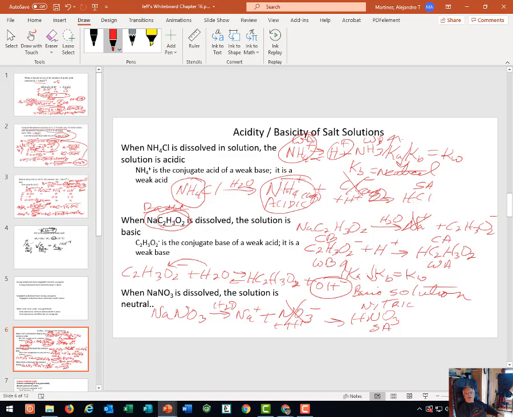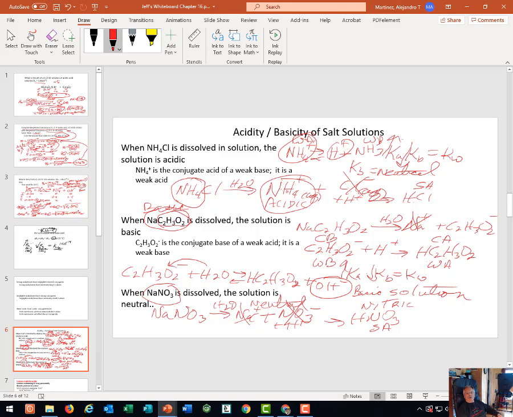And here again, we have an alkali metal cation, which has a really tiny, tiny Ka. It's a spectator ion. It doesn't do chemistry in solution, and so we'll just call it neutral as well. So sodium nitrate, this is a neutral salt. This is completely neutral.